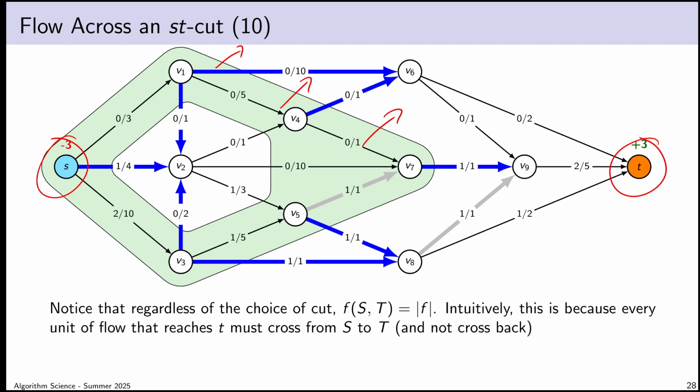Flow that exits the set S and then loops back around again doesn't count because we don't know what's happening to it. But all the flow that gets to T has to at some point leave the set S for the last time. So it makes some sense that no matter what you choose as your cut, as long as the cut is defined according to the definition, the value of your flow globally will equal the net amount of flow leaving the set S.